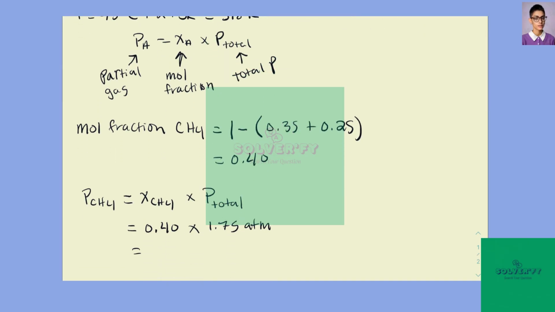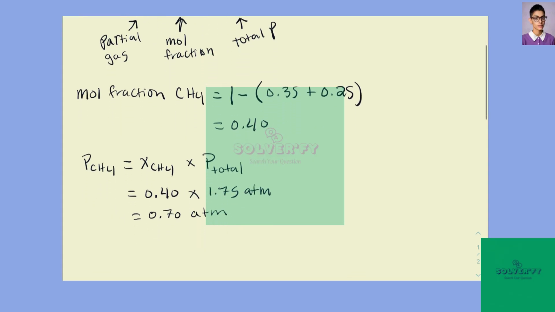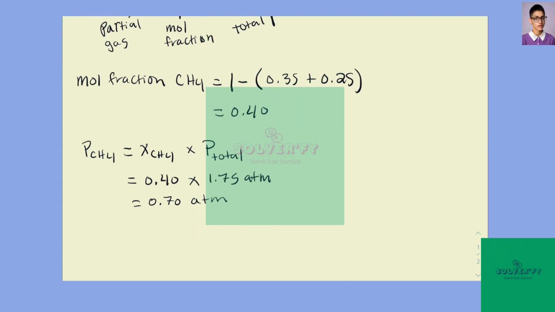So we know that the partial pressure for methane is going to be 0.70 atmospheres.